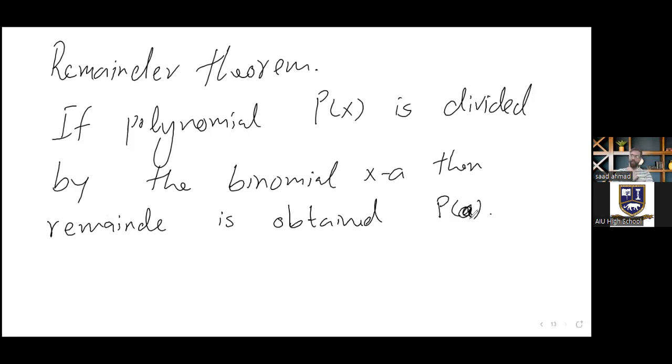Instead of dividing, if you want to find the remainder, you plug in the a in that polynomial, and you will find the answer.